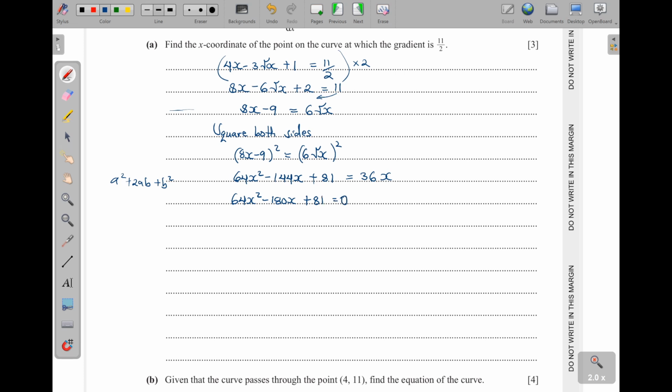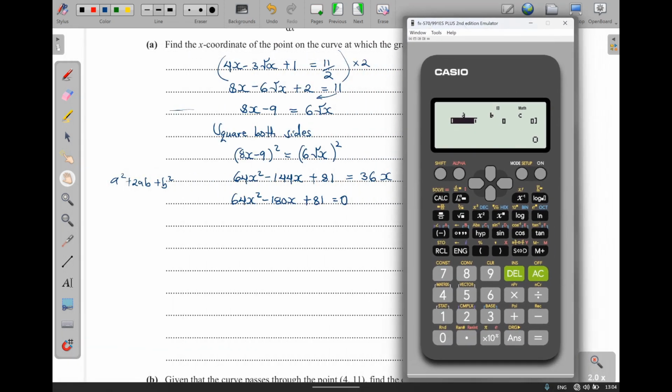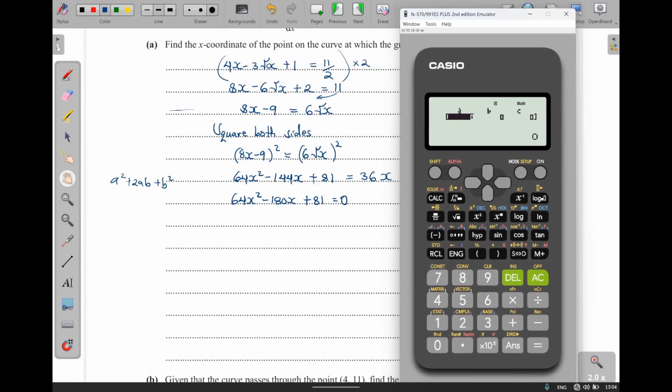Now this is a quadratic. This quadratic, we can check whether it is factorizable. So I just bring my calculator, I press equation, and then quadratic is here, number 3. Then the coefficient of x squared is 64. Press equals, then negative 180, press equals, and then 81, then press equals.